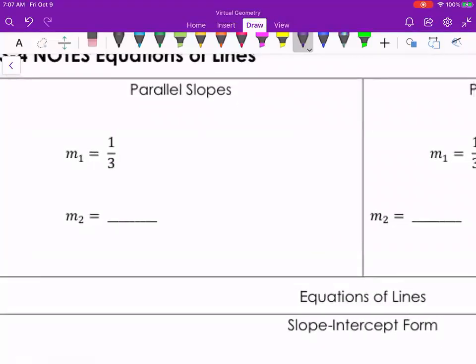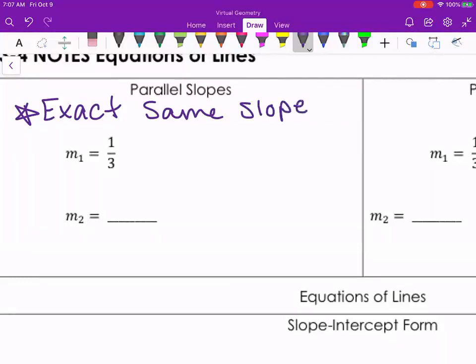Right now we're looking at slopes that would be parallel for the lines. The clue here is that we need the exact same slope. They have to be identical. So we need to look for the exact same slopes, which means they need to either both be positive or both be negative and have the exact same value.